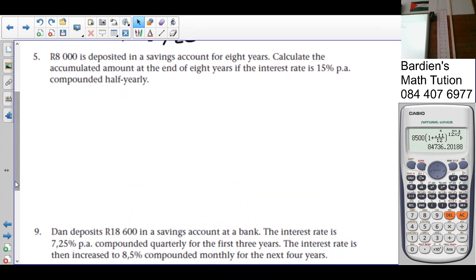So question 5. 8,000 Rand is deposited into a savings account for 8 years. What's your formula here? A is equal to P into 1 plus i to the exponent n. Right, who asked for this question?